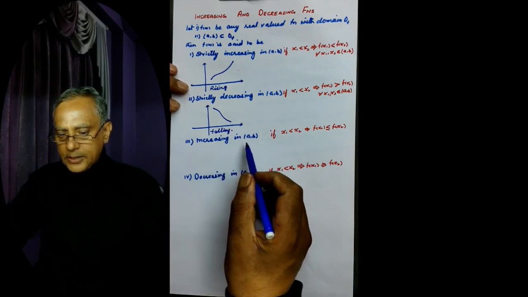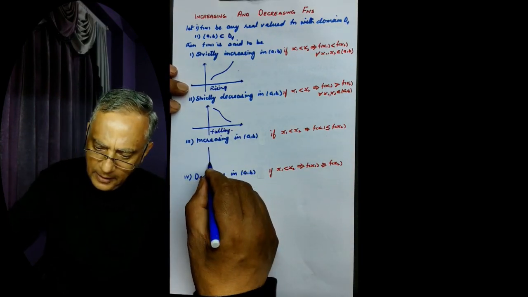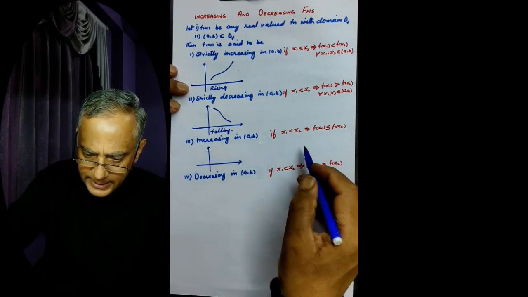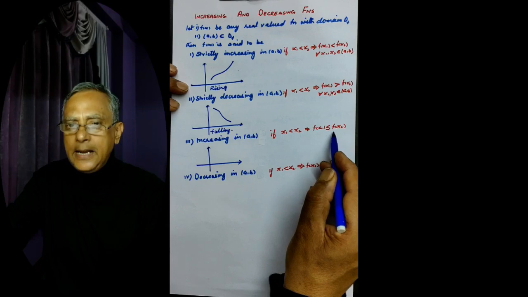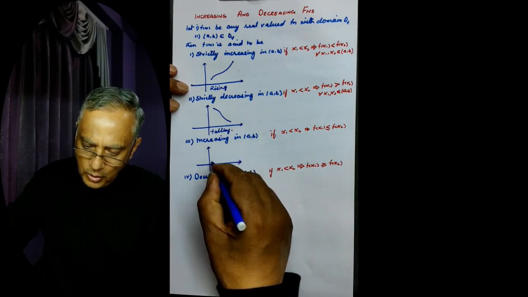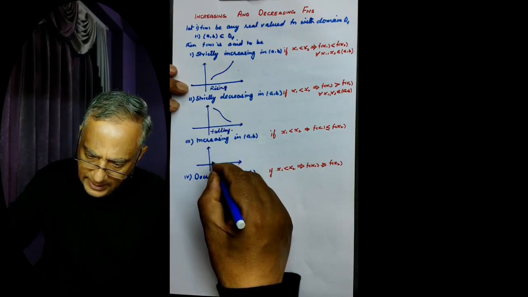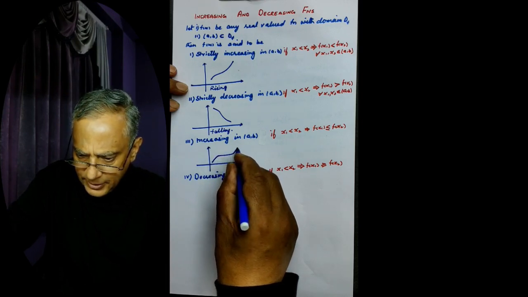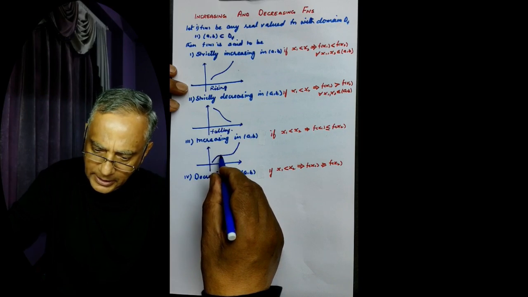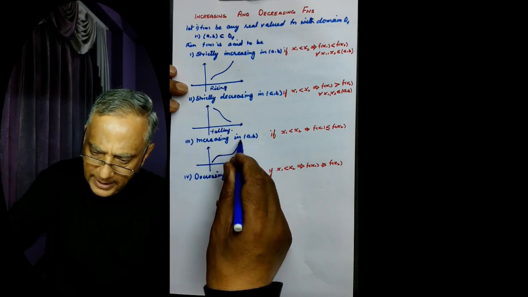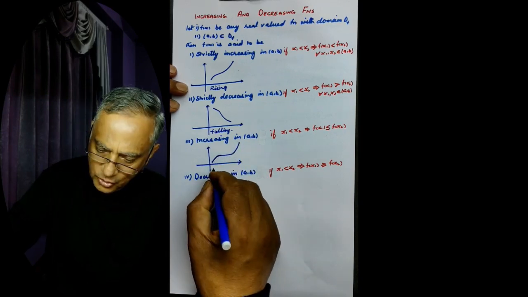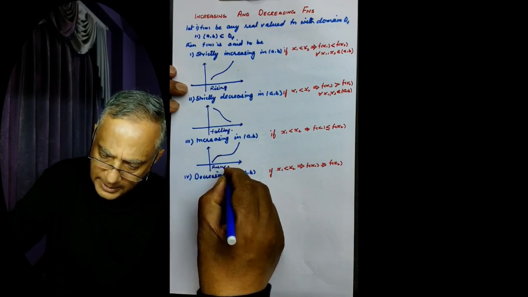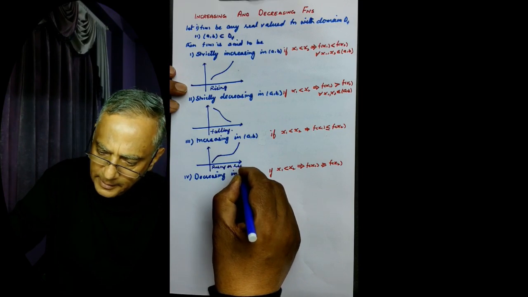And in the case of increasing functions, the graph of the function is of this form. For increasing functions, it is less than or equal to. So the graph of such functions is rising or remains at the same level. It is rising, remaining at the same level, and again rising.